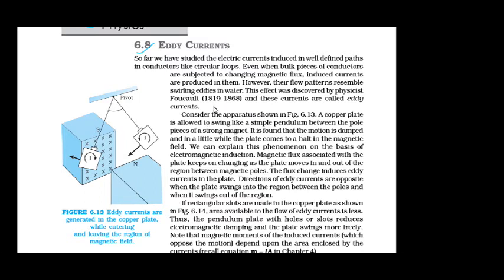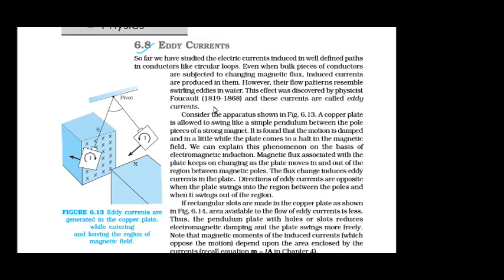So let us understand the first paragraph. Till now we have studied about the induced EMF and then induced current. If we take bulk pieces of conductor and they are subjected to changing magnetic flux, then induced currents are produced in them also.